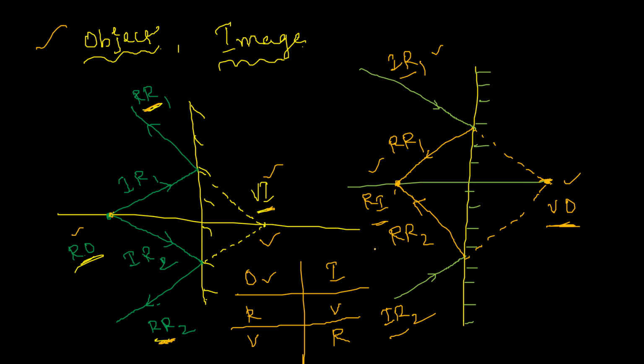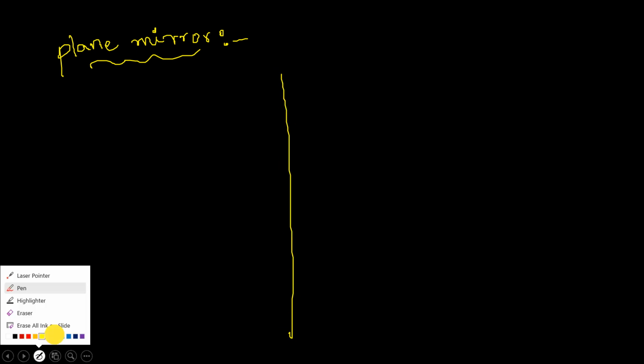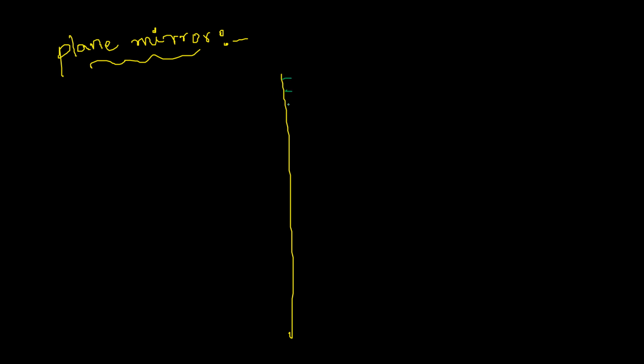Coming to the plane mirror characteristics, the nature of the image formed in a plane mirror. Here I am taking the plane mirror, and this is the coating.